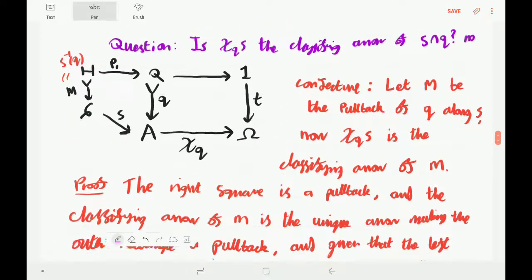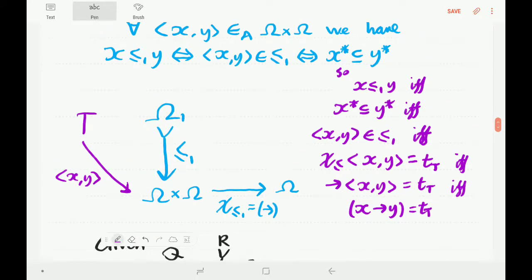I mean, intuitively speaking, I'd say maybe the most useful stuff is this, that x is less than or equal to y, which we can think of as saying that y is at least as true as x, is equivalent to saying that x material conditional y is true, or if you like, that x implies y.